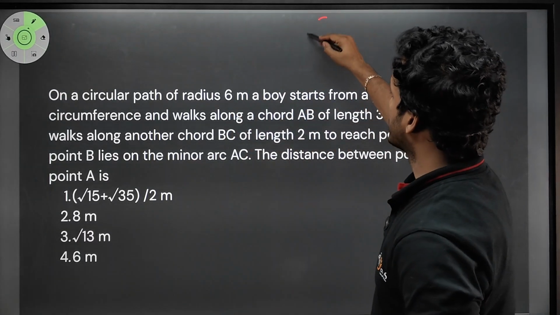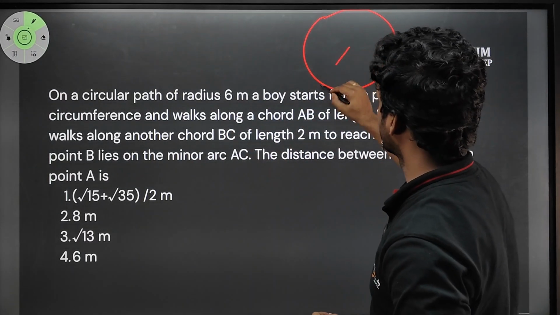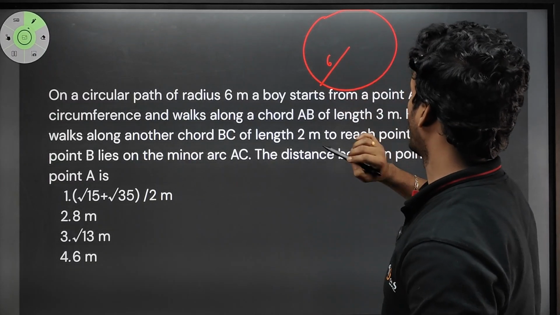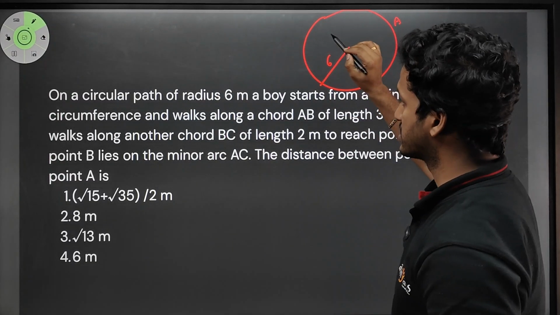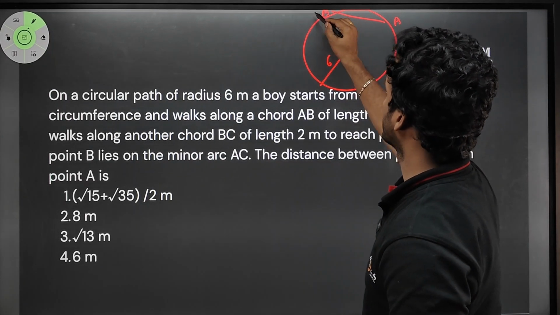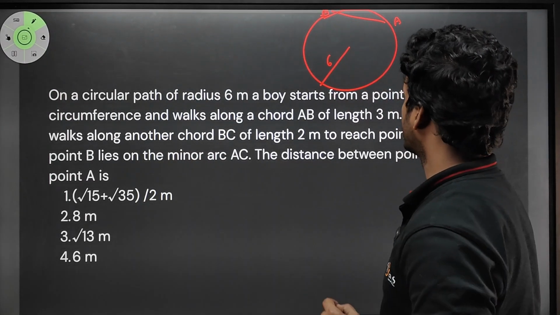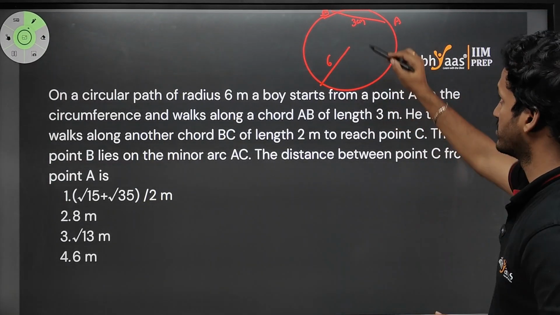See, on a circular path, a radius of 6 meters, a boy starts walking from point A on the circumference and walks along a chord AB of length 3 meters. So this length is 3 meters, not centimeters, it's meters.